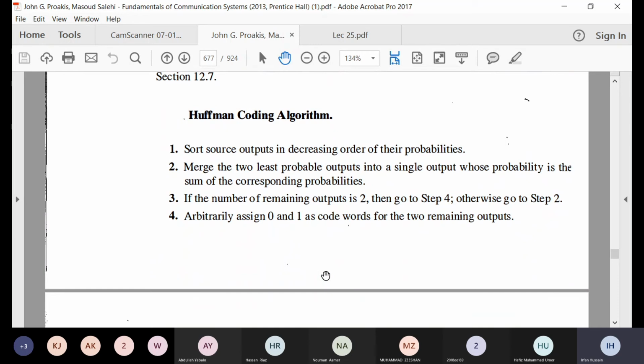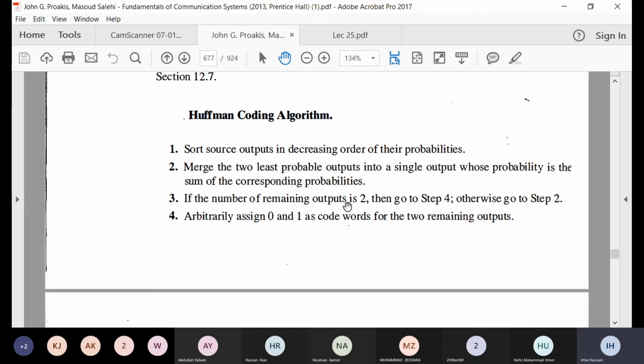So this is the coding algorithm, and you can see how you have to operate it. First of all, you put all the alphabet symbols in order of their probabilities. Then you merge the two least probable outputs. All right, and in this way you continue.